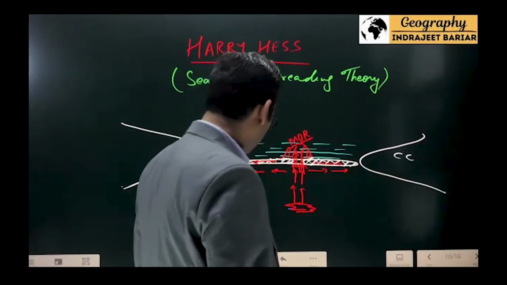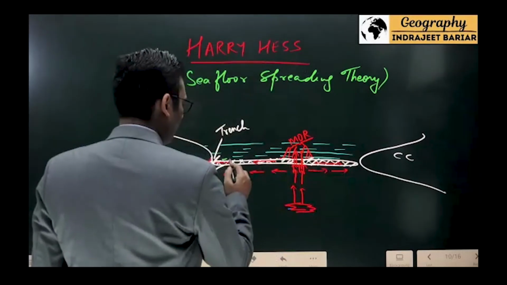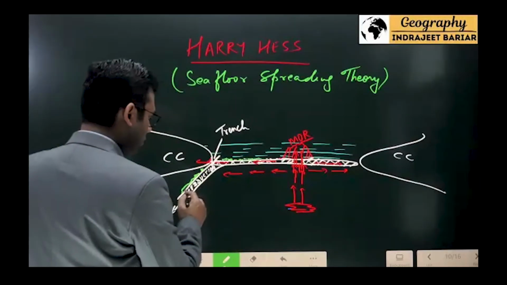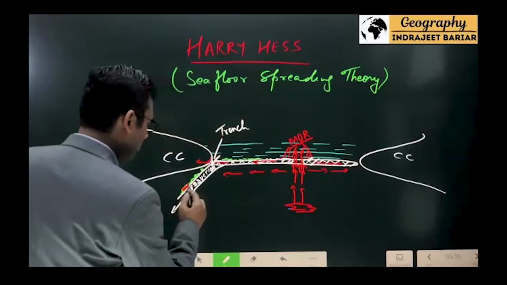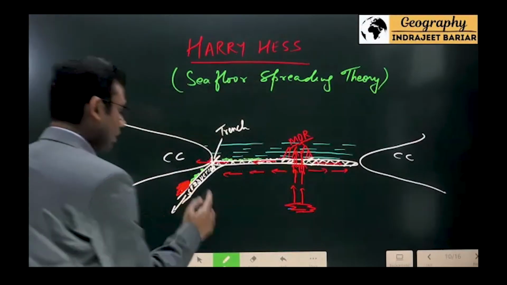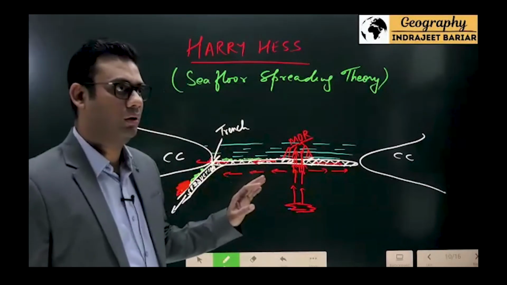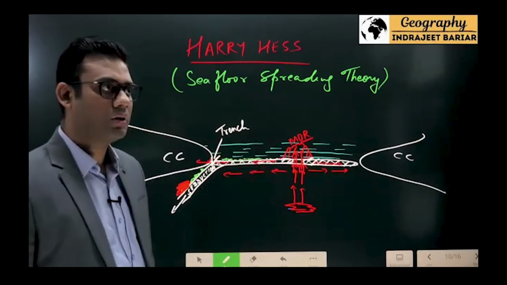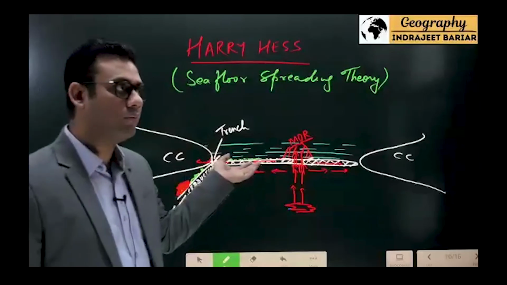Along with that, the sediments which were present on the ocean floor also go down, and due to high temperatures in the depth, these sediments melt. And as these sediments melt, now are these sediments of interior origin or surface origin? Surface, sir. Surface. Sediments have come from the surface.